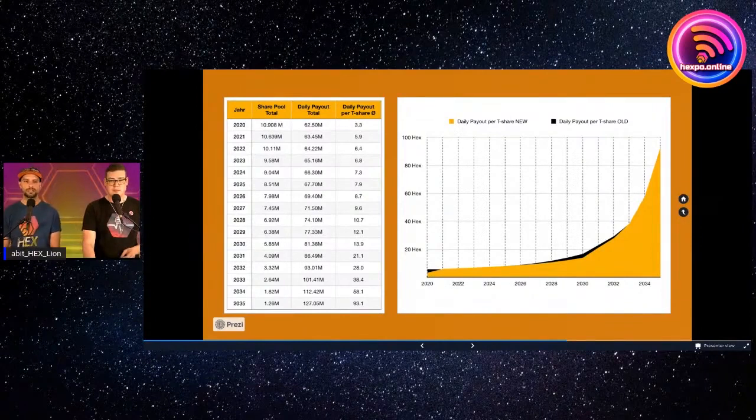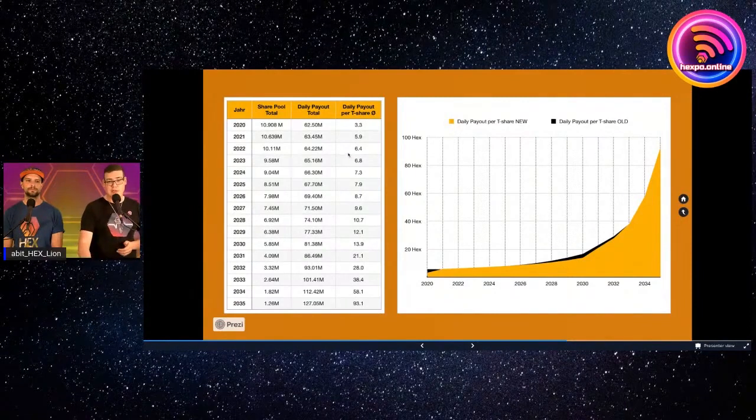As you see here as well, we had the same chart from last year that was drawn in black, and now the new version is in orange. So it was not too far from our prediction from last year. So it's really good. Two numbers to point out here: at 2020, this is the average payout per T-share for the entire year 2020, and here the 5.9 is the average daily payout for the entire year of 2021.